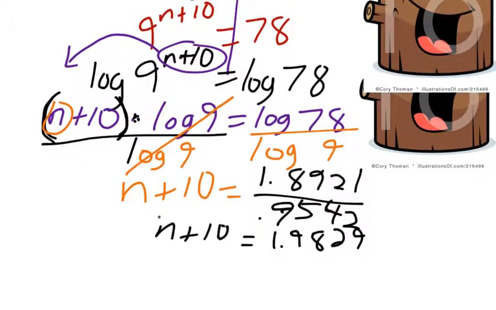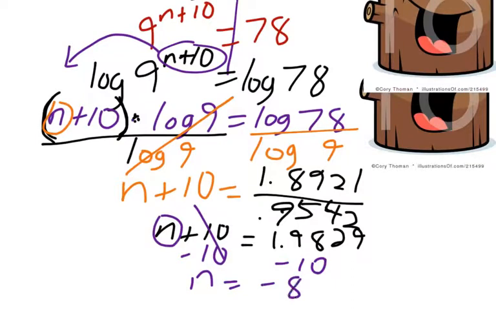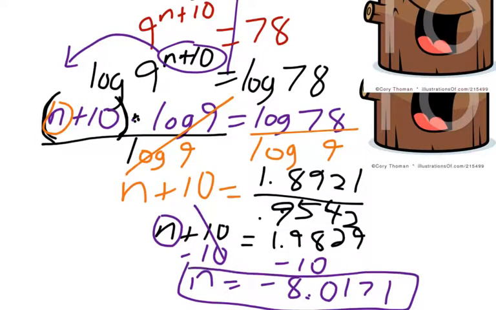I have one more step to solve for n. I'm adding 10, so I just subtract 10 to both sides. And I'm going to be left with negative 8.0171, or 171 ten-thousandths. And that's my final answer.